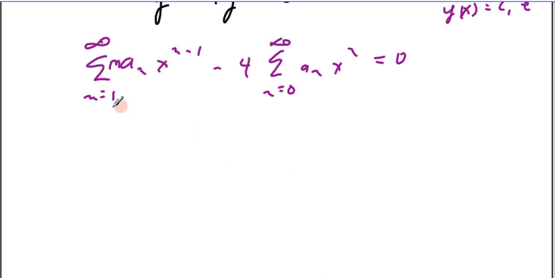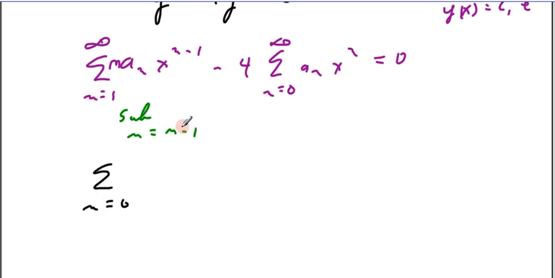So what I'm going to do is I'm going to get my exponents of x to be the same. So I'm going to do a substitution in this guy, and so I'm going to let n equal n minus 1. And when I do that, I got summation n is equal to 0, because I put n minus 1 here. N becomes n minus 1.